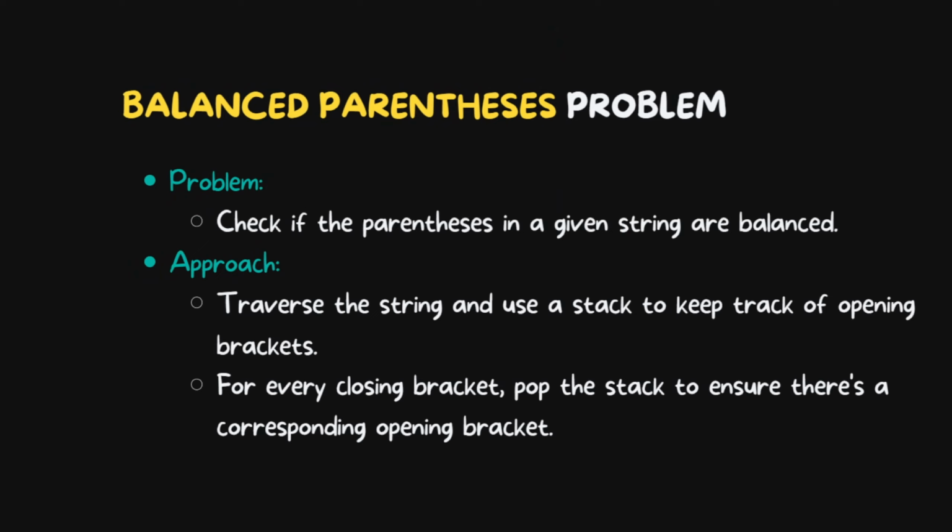And if the character is a closing bracket, we check if the top of the stack matches the corresponding opening bracket. If it does, we pop the stack. Otherwise, we return false. At the end, if the stack is empty, the parentheses are balanced.